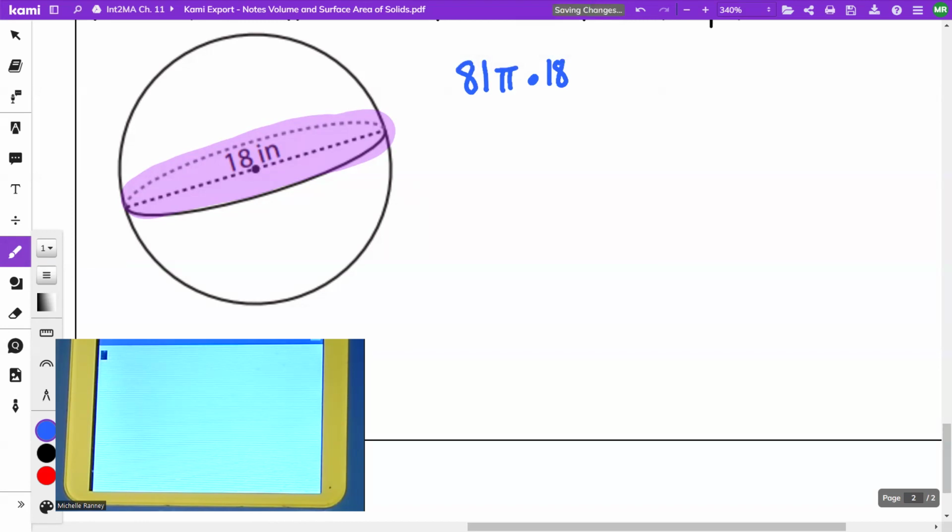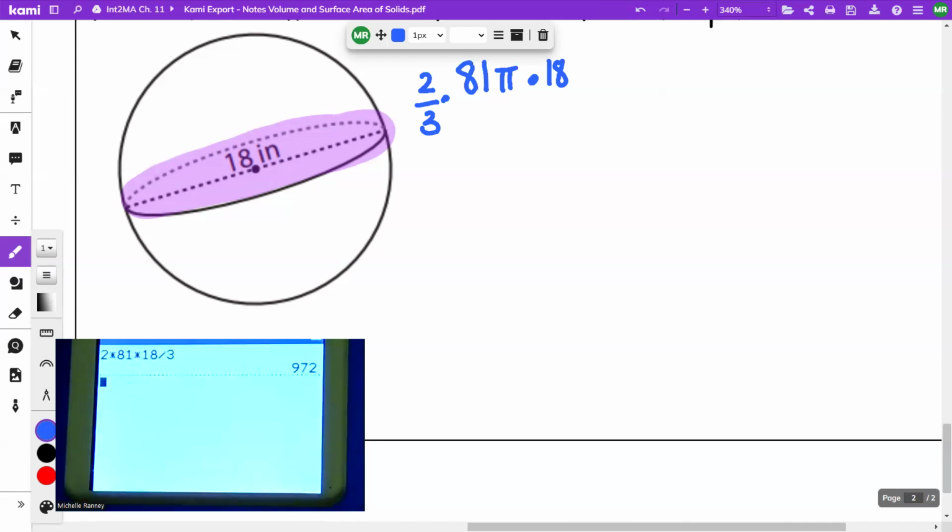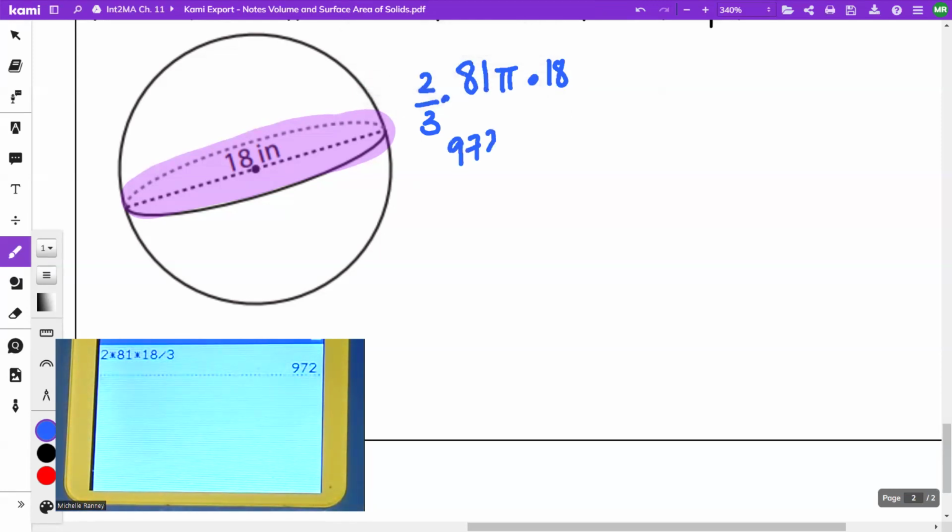And then I'm going to times it by 2/3. I have 2/3 of it if I'm thinking about it that way. So 2 times 81 times 18 divided by 3, I end up with 972 pi inches cubed. That's my volume.